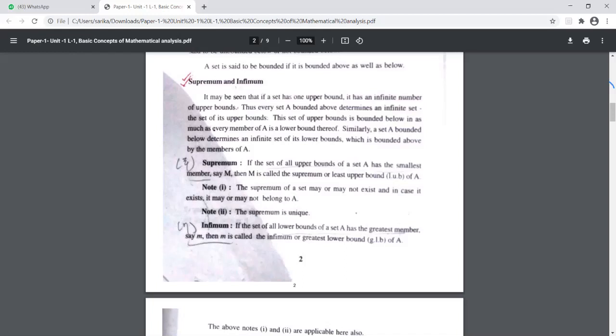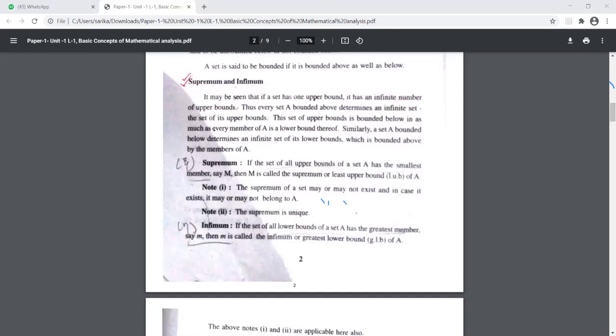Suppose you have the set of all upper bounds, some numbers, let's say 1, 2, 3, 4, or A, B, C, any numbers.